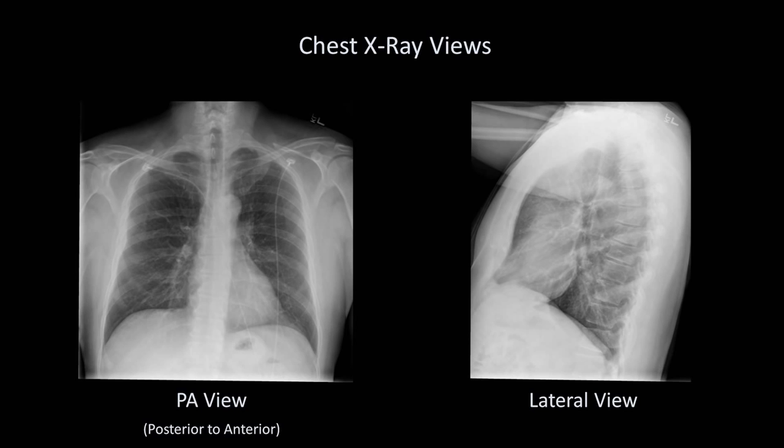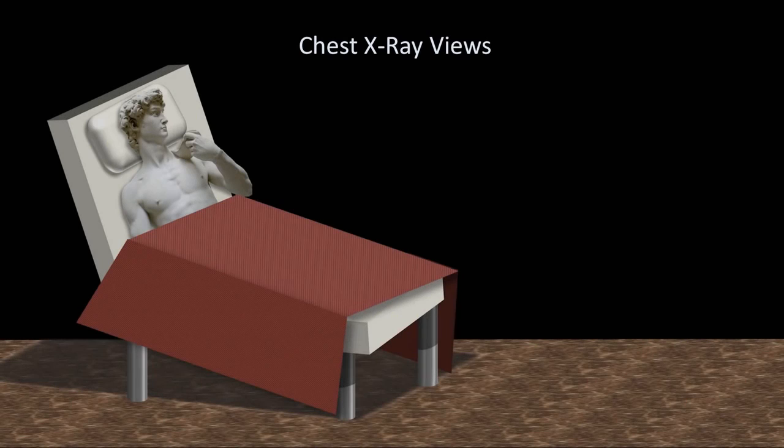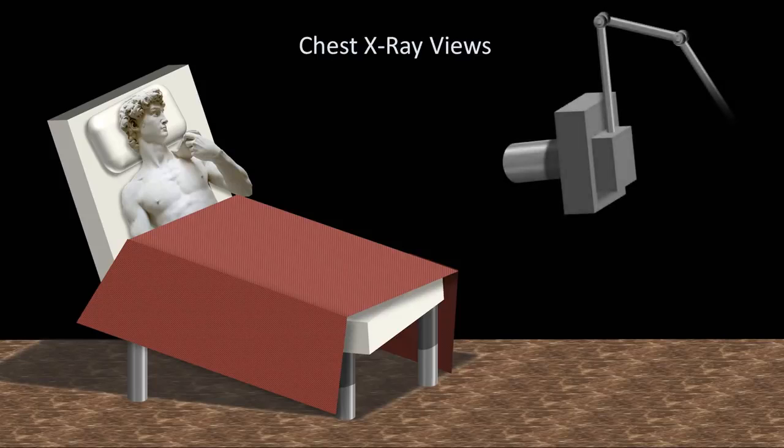The PA view should be distinguished from another situation common in the hospital where patients may be physically unable to stand due to weakness, confusion, surgical wounds, or invasive tubes. In that circumstance, when the patient is in a hospital bed, a portable X-ray source will be wheeled into the patient's room.